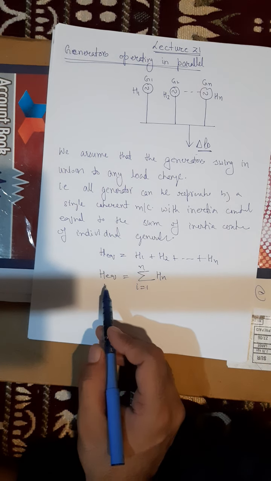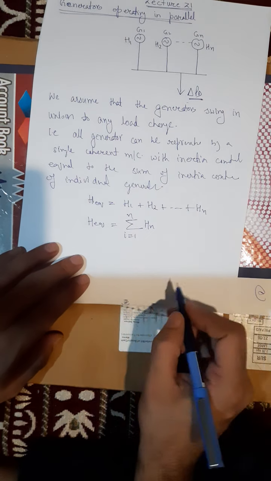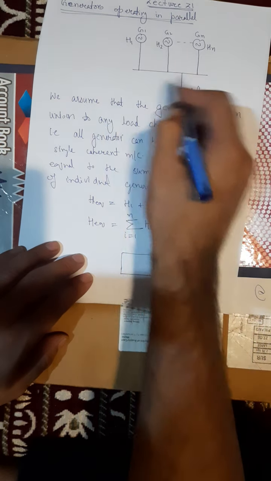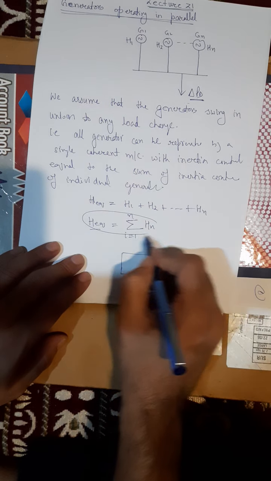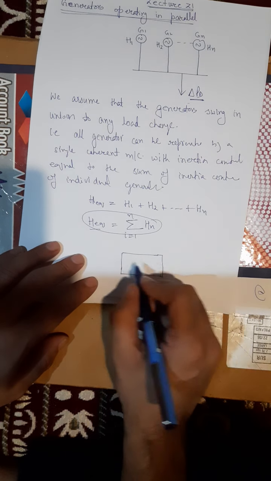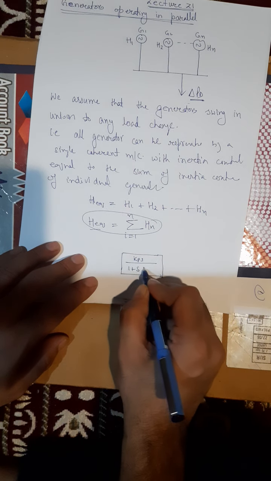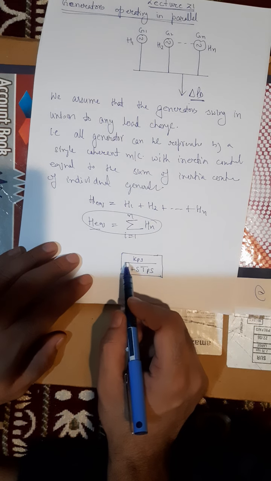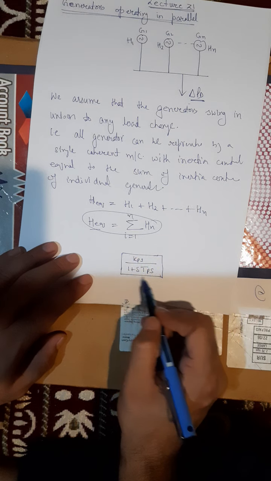Now I have a coherent machine. I can represent all the generators by a single transfer function model, a single generator whose inertia constant is given by this equation. I will draw this as 1 over (1 plus s Tp), a transfer function block that represents the equivalent generator, or the equivalent coherent machine.